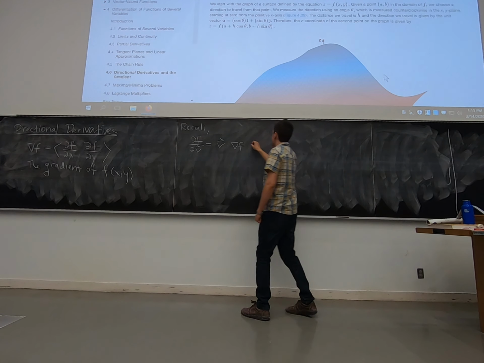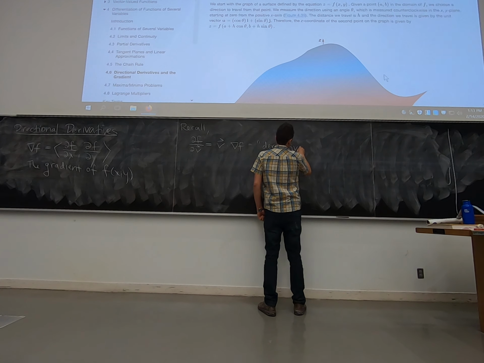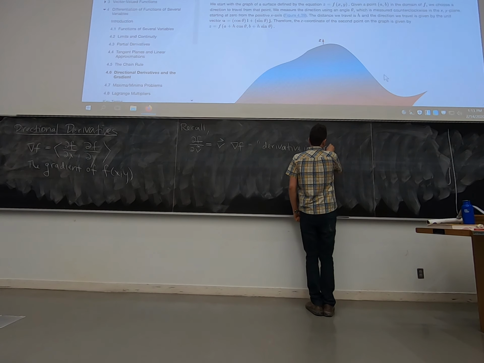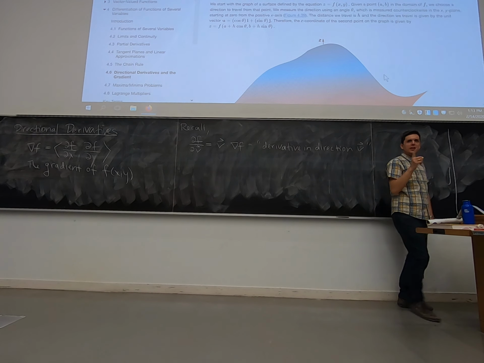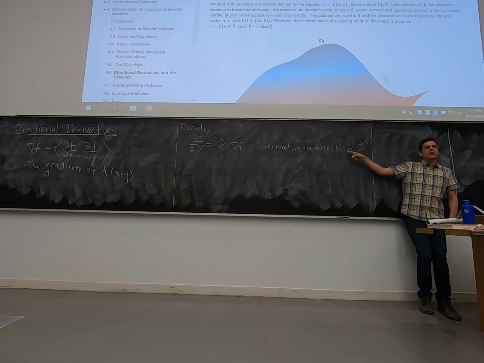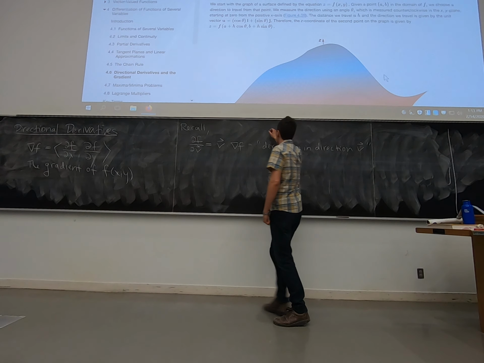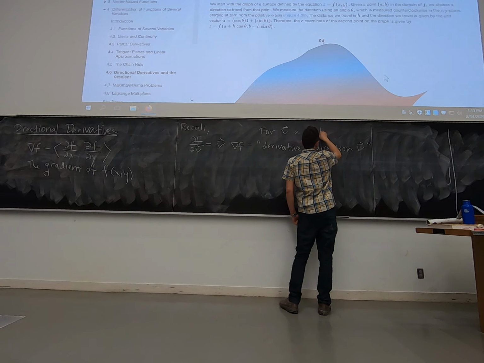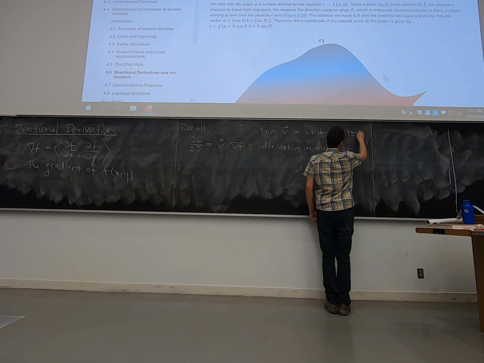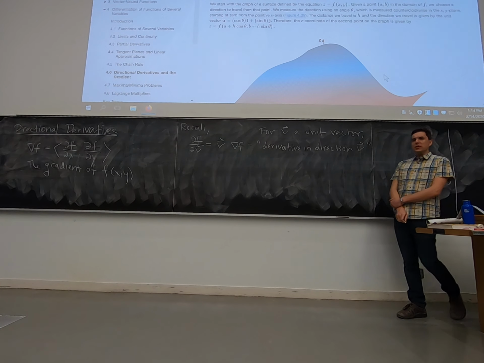So this is the derivative in the direction v. Just recall that for directions, we want to have length 1, right? So this is going to be a unit vector. All right, so for a vector of length 1, we get the following formula.